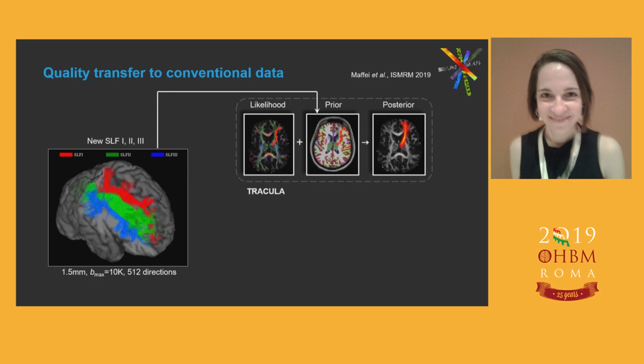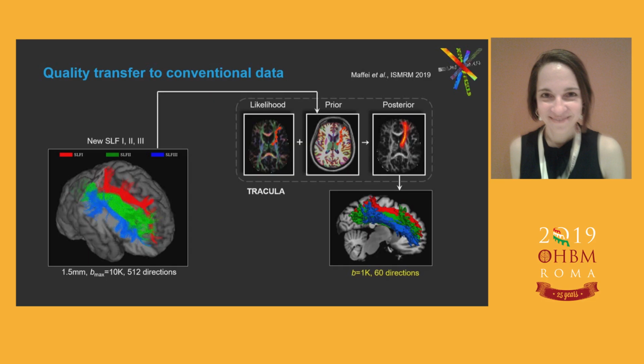Chiara Maffei recently showed that indeed you can feed the kinds of models of the SLF that we get from the high quality B equals 10,000 data into the anatomical priors that we use for TRACULA, and use TRACULA to do a highly accurate reconstruction of all three components of the SLF using just B equals 1,000 60 direction data.